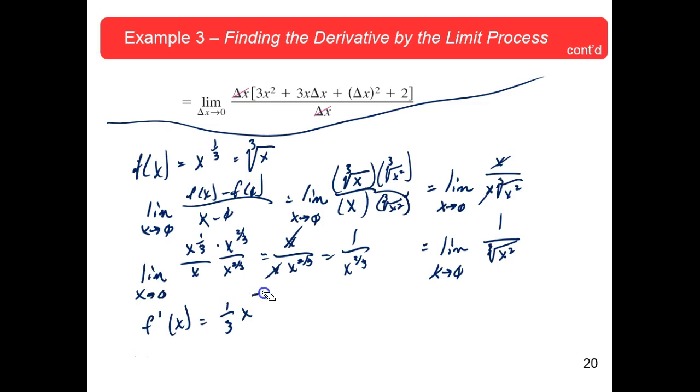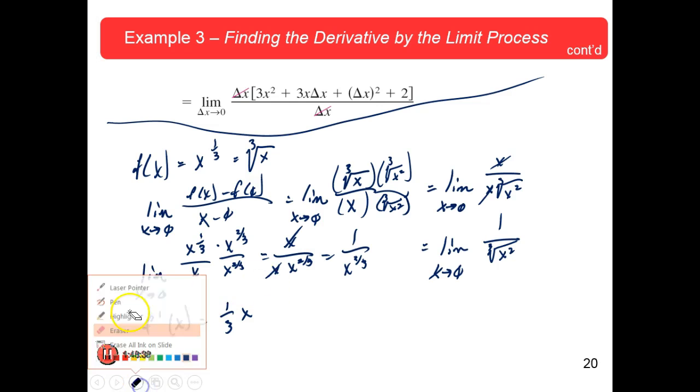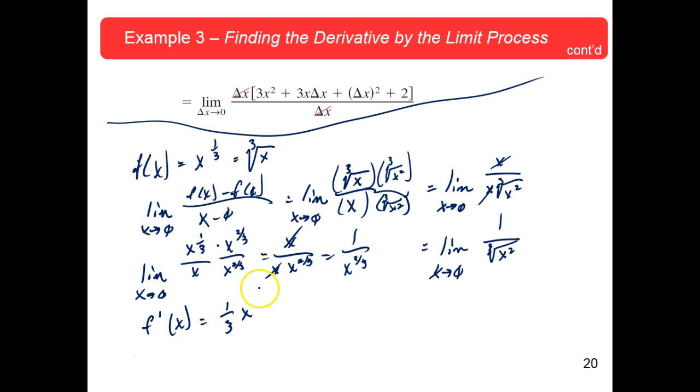I tend to jump. I shouldn't. That would be 1/3 minus 1. That would be 1/3 x to the minus 2/3, which would be 1 over 3 x to the 2/3, which would be the cube root of x squared.